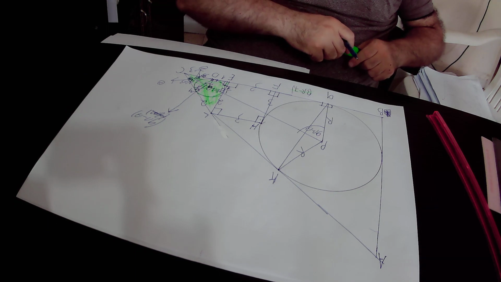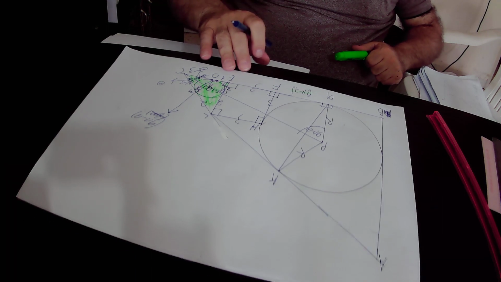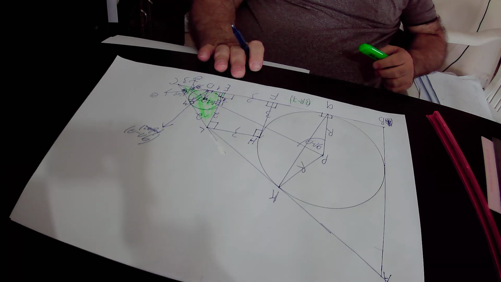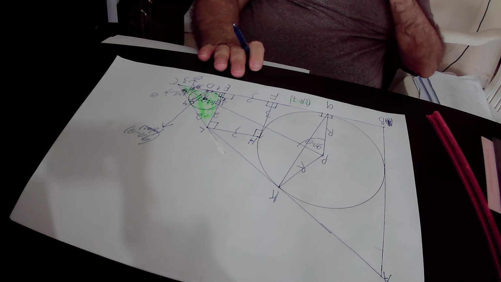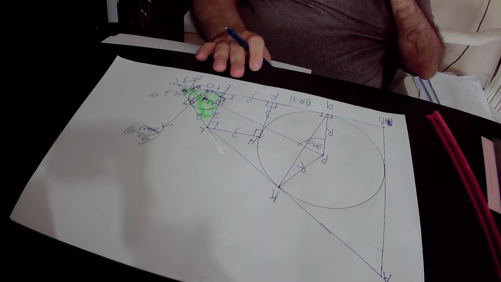Because the side length of the square is equal to 3 units, we will examine 3 different cases for the value of the radius of the big circle.